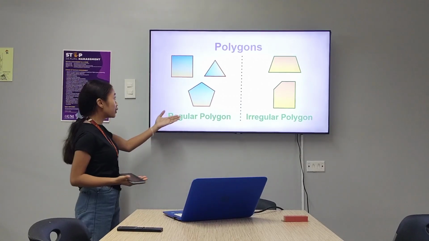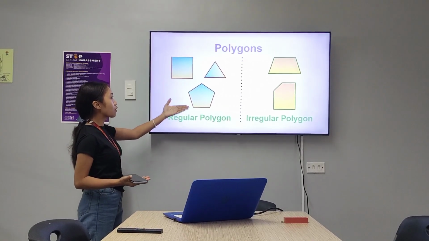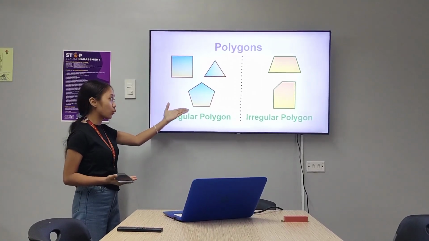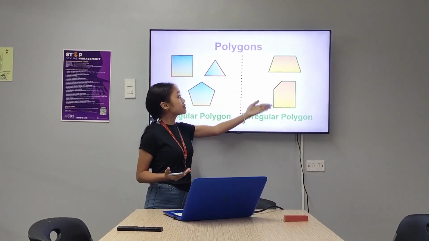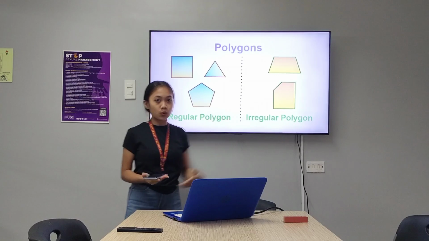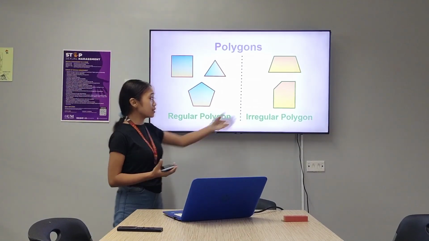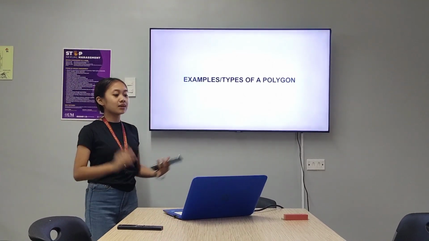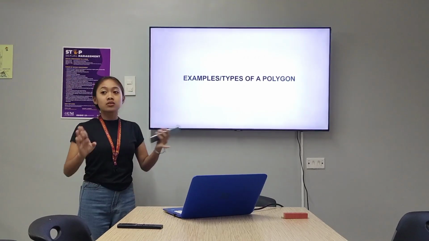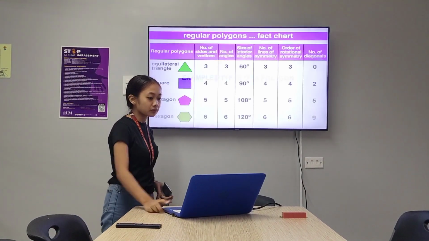Again, we can conclude that all sides of these shapes are equal, while from these shapes, its sides are not equal, so it is an irregular polygon. I have here examples of regular polygons.